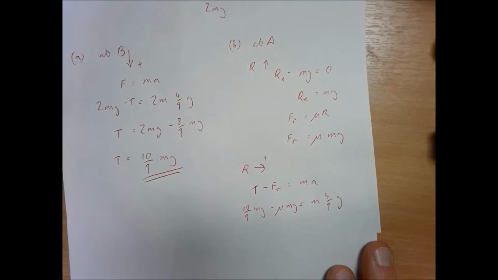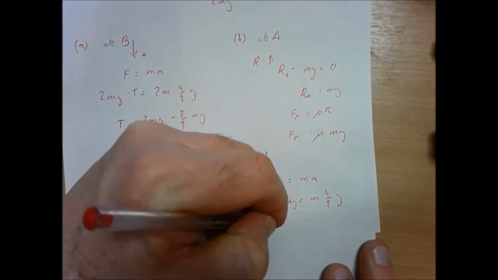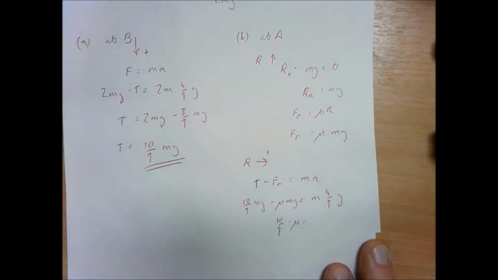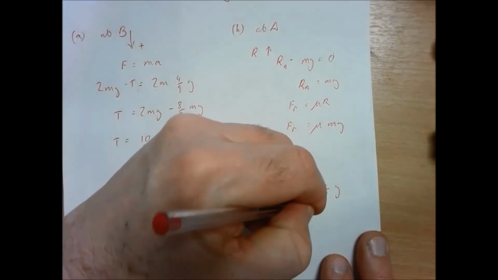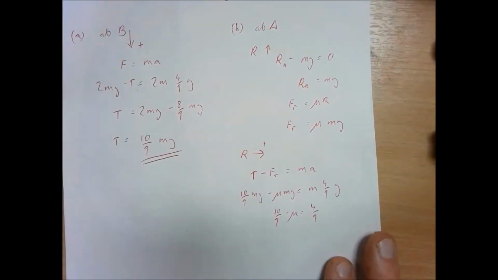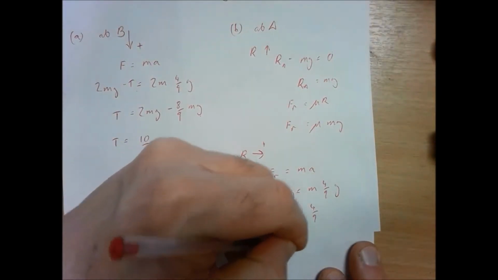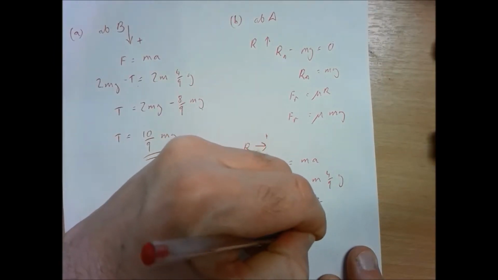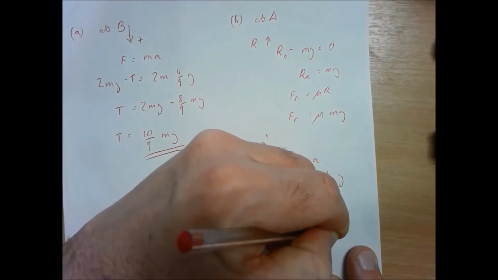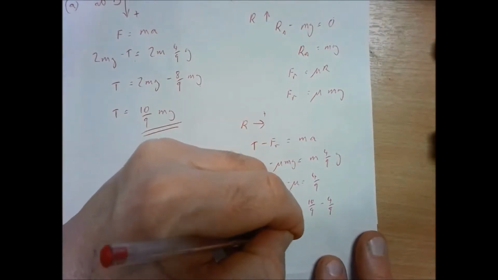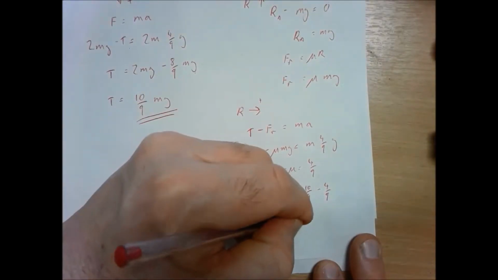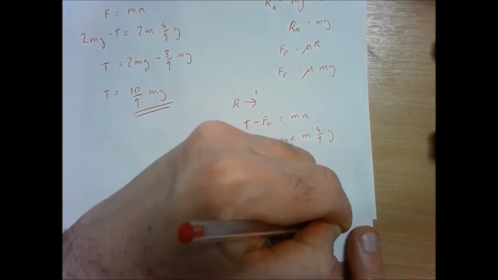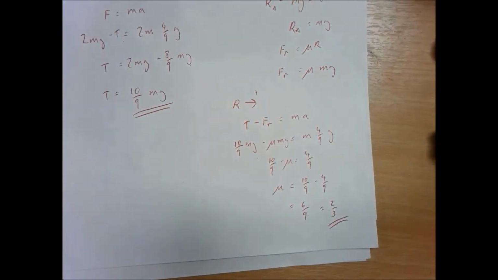Cancel out all the mg's there, and I'm left with 10/9 minus mu equals 4/9, which means mu equals 10/9 minus 4/9, which equals 6/9, which equals 2/3, which is what we're supposed to show.